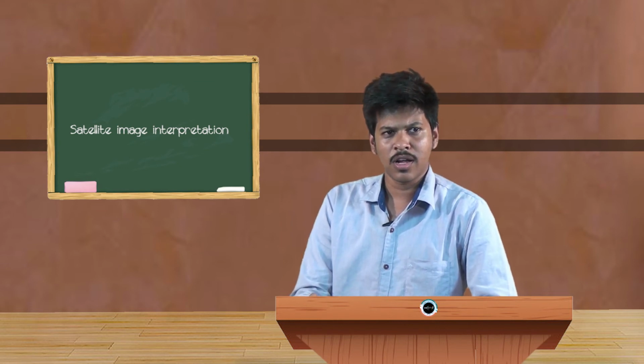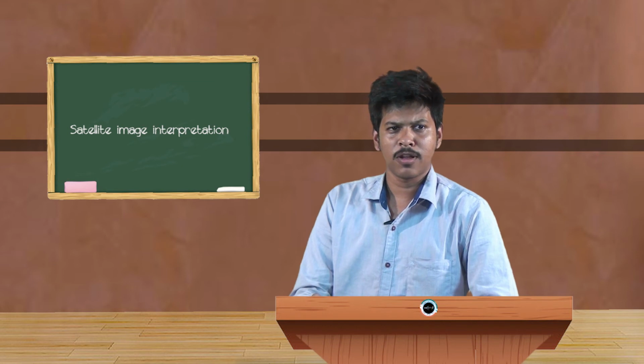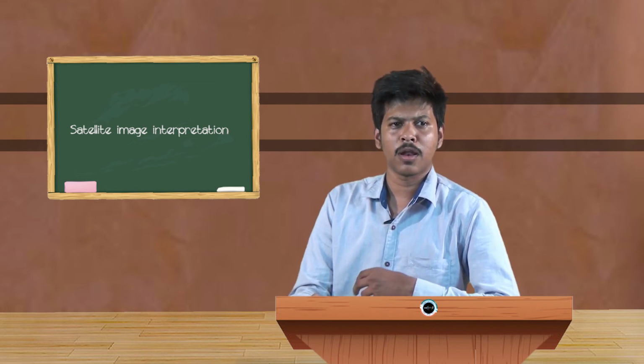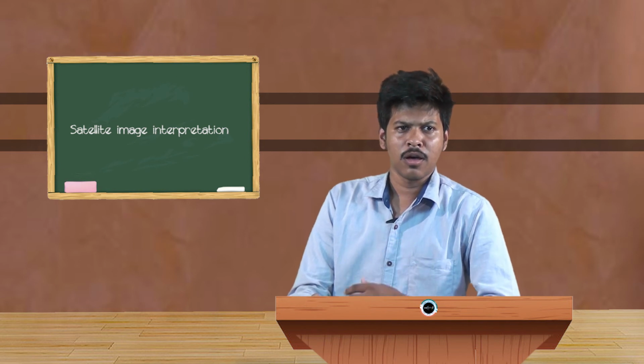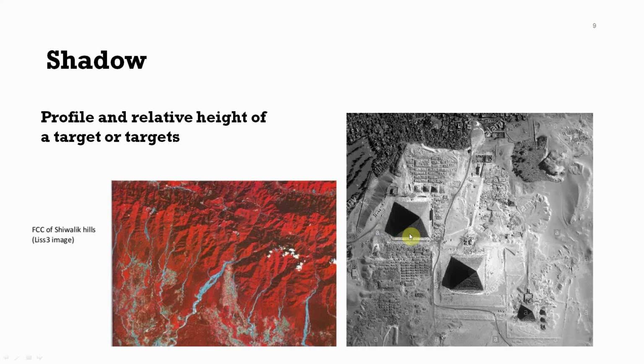On the left-hand side, you have the Shivalik hills, where the aspect has given you an inference related to the hills, and one can directly identify the features as hills. On the other hand, because of the shadow I can say the feature is a pyramid, and that's how shadow is useful.